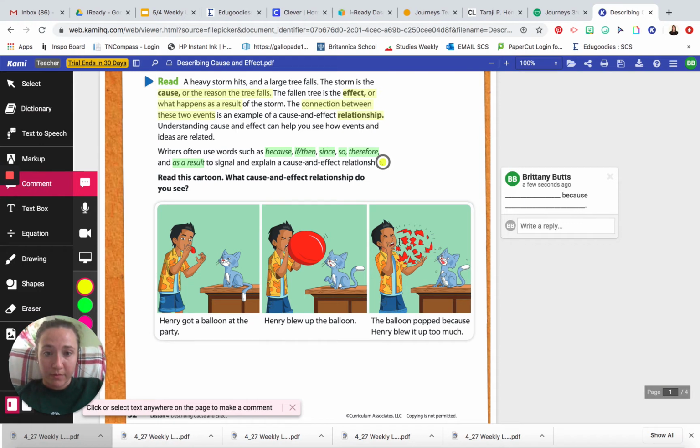Some of you might guess that the cat popped it with its claws, that the boy popped it with his fingernails, or the balloon just became too big. Which of those things do you think is the cause of the balloon popping?